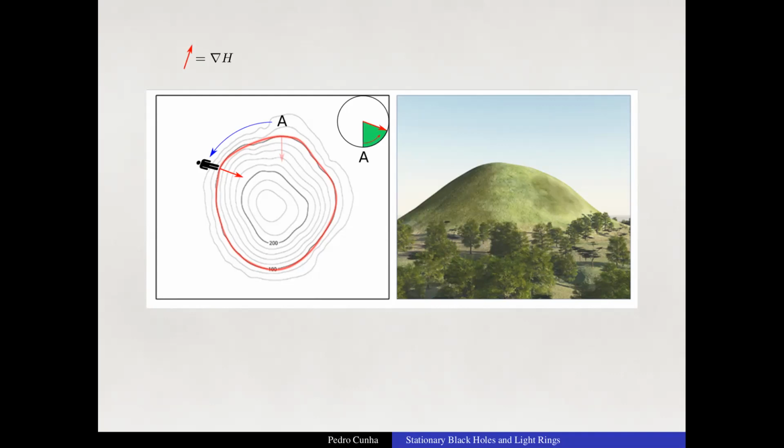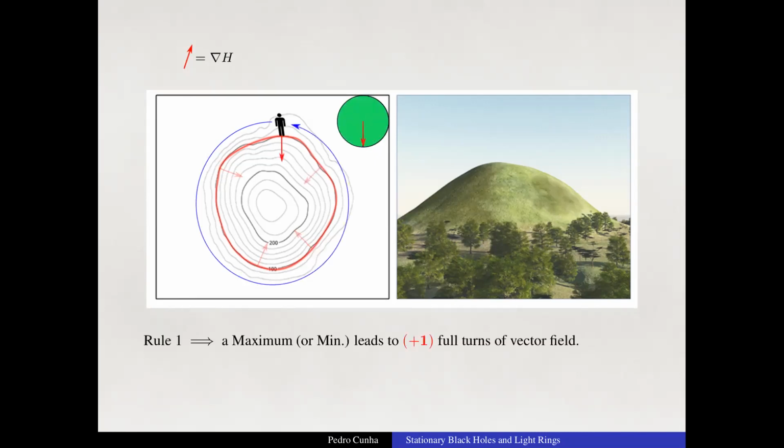You can see here how the vector direction has changed with respect to the initial position A by looking at the angle indicator, which is the small circle next to the drawing. Importantly, as the person moves in the positive sense, the vector also rotates in the positive direction, as displayed by this green angle here. After returning to the starting point, the direction of the gradient vector is again the same.